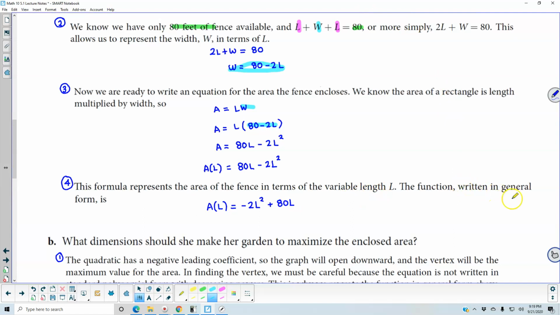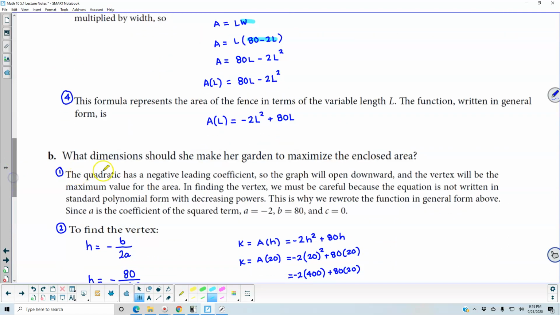So the function written in general form is A(L) = -2L² + 80L. So what we've done is we figured out what the formula is. Now what we want to do is figure out what dimensions she should make her garden to maximize the enclosed area. Step number 1, the quadratic has a negative leading coefficient, which is negative 2.